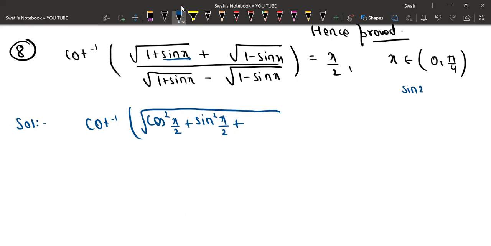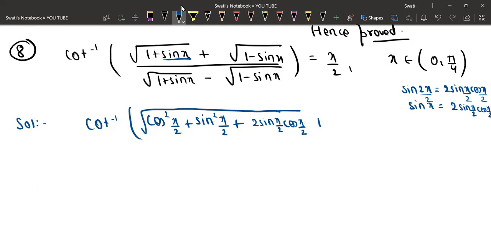We know that sine 2x is 2 sine x cos x. So what is the value of sine x? That means I've divided this by 2, so I have to divide this also by 2, this also by 2. So therefore the formula is 2 sine x by 2 cos x by 2. So using this formula, this will become 2 sine x by 2 cos x by 2.